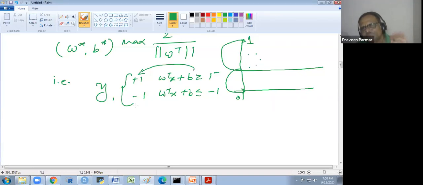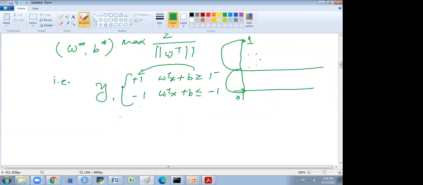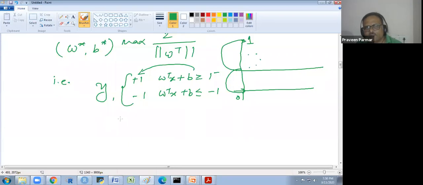Yes, sir. So what would be the final form? I will explain that also. It is the yi, which I will get as +1 or -1. I will get the yi in this way, and then I will multiply yi by (WTxi plus bi).